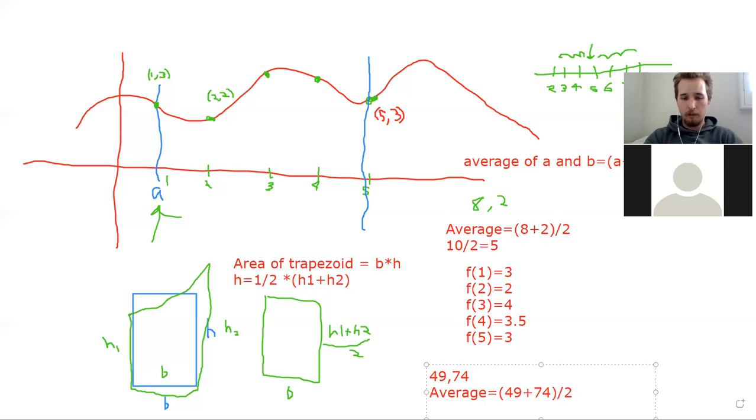And you'll end up getting the midpoint between the two. Does someone want to tell me what that number is? Put it into our calculator. When I put it into mine, I get 61.5.